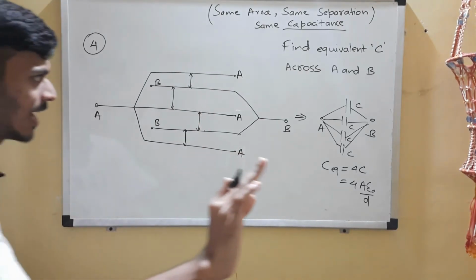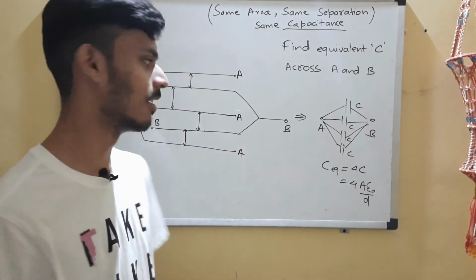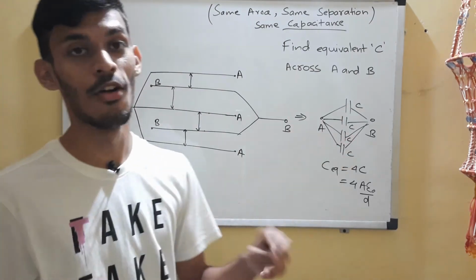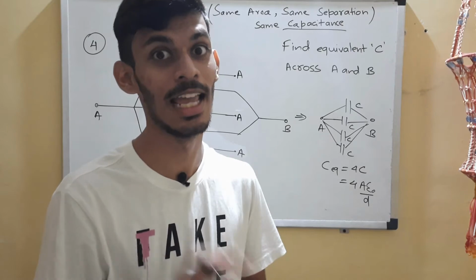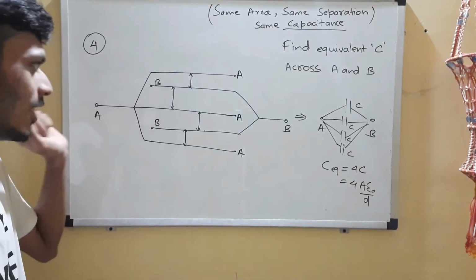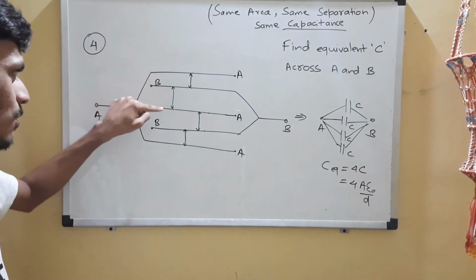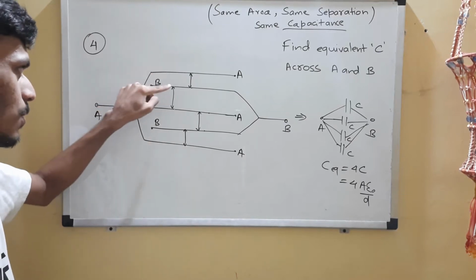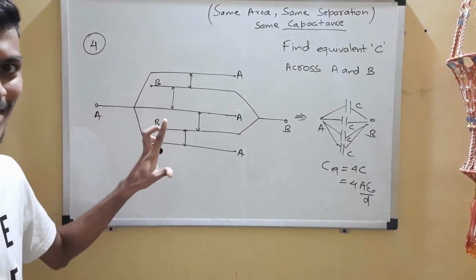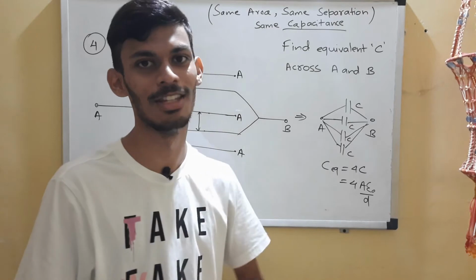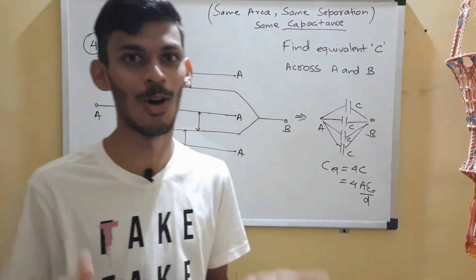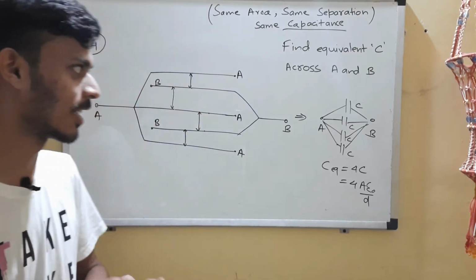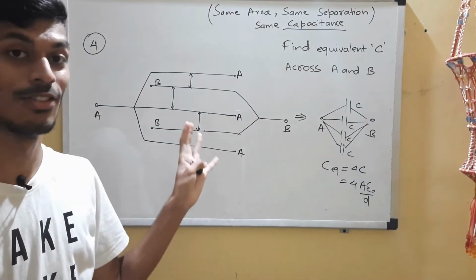By the way, you can see that here we have 8 plates, right? Here we have 4 capacitors, which to make we require 8 plates. And here you can see that we have only used 1, 2, 3, 4, 5 plates. So this is the beauty of this topic. This is not to increase your syllabus, this is used for cost cutting. You can construct 4 capacitors with 5 plates.